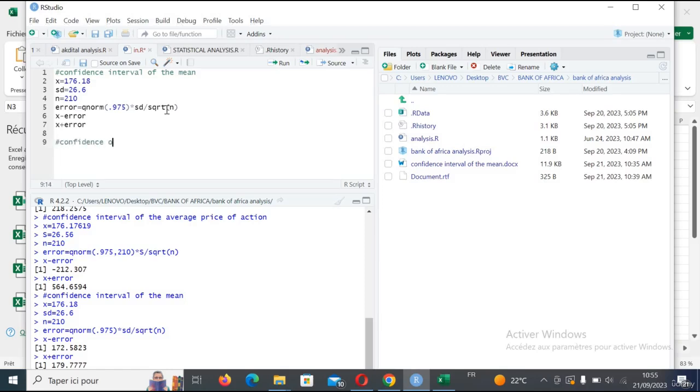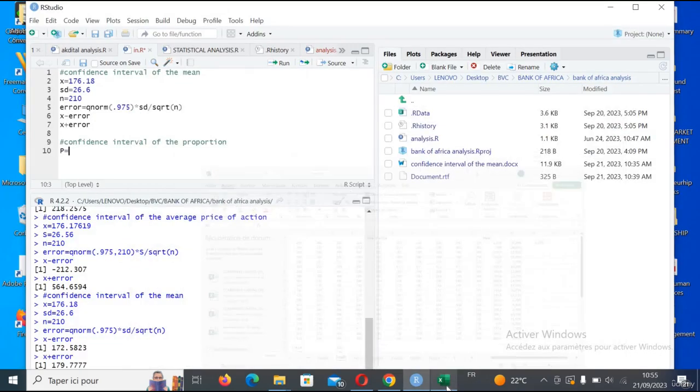Confidence interval of the proportion. Here we have P, which we have here as 6.77.